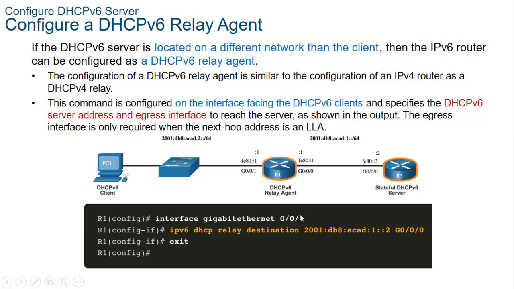We have to configure the command for relay agent on the interface facing the client. In interface G0/0/1, we type IP version 6 DHCP relay destination, the DHCP server address, and the interface that goes out to the DHCP server, which is this interface. Okay, configure this command on the interface coming in from the client, and then within the command, set the interface going out to the server.